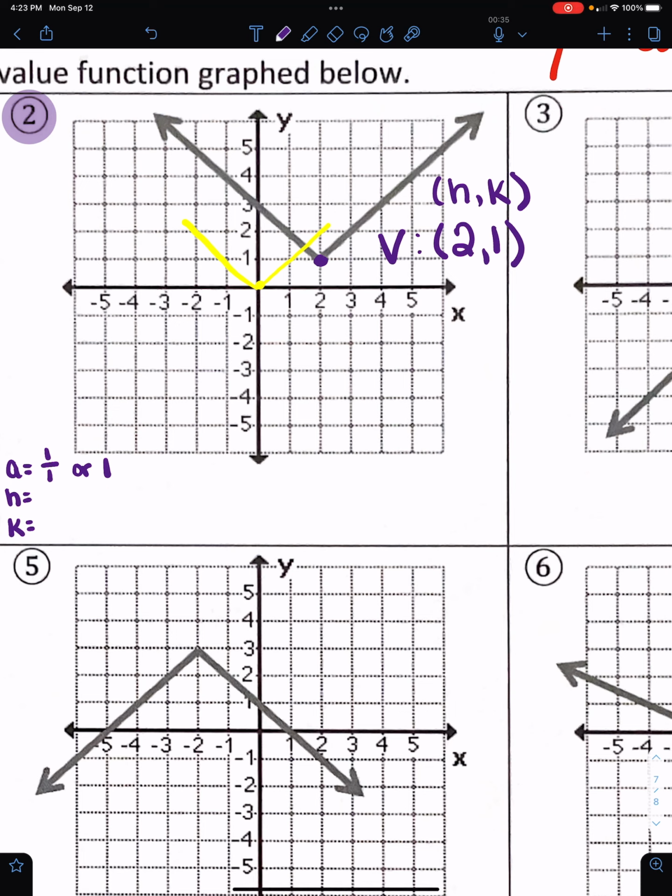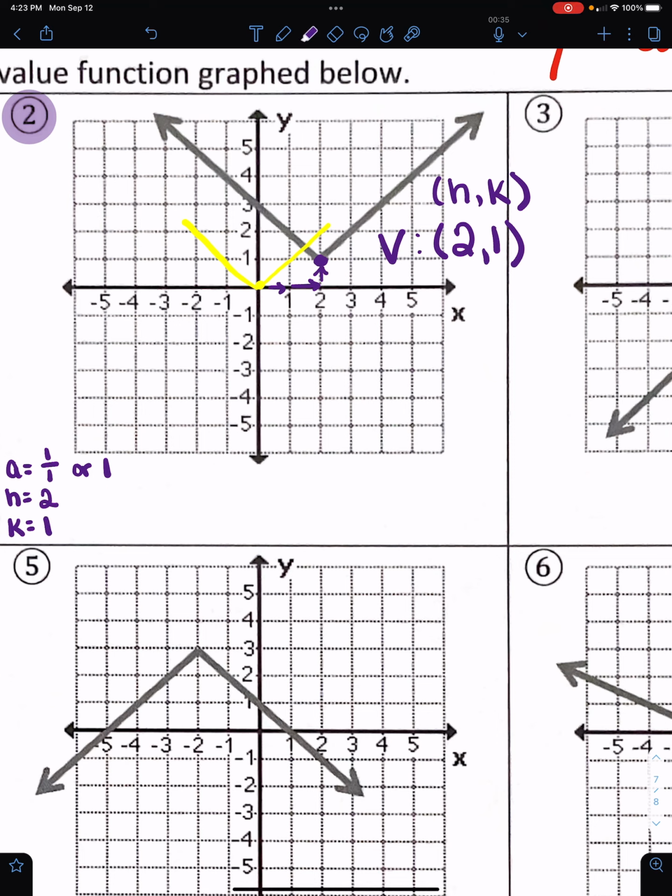So what I see is that it actually traveled to the right, because I'm going to look for the h value first horizontally. It traveled right 2 units, so my h value is 2. From there, it traveled up 1 unit, which makes my k value 1.